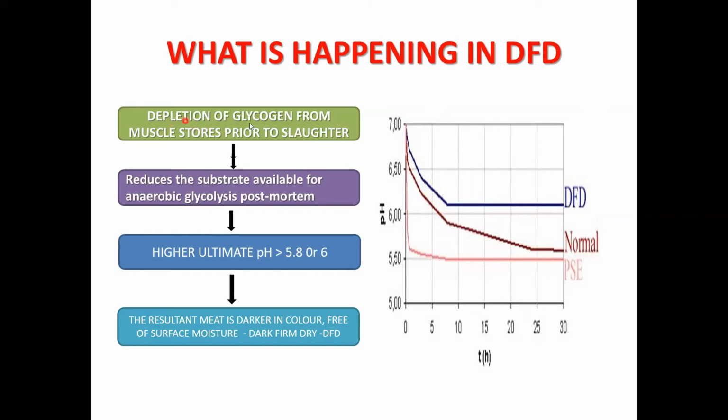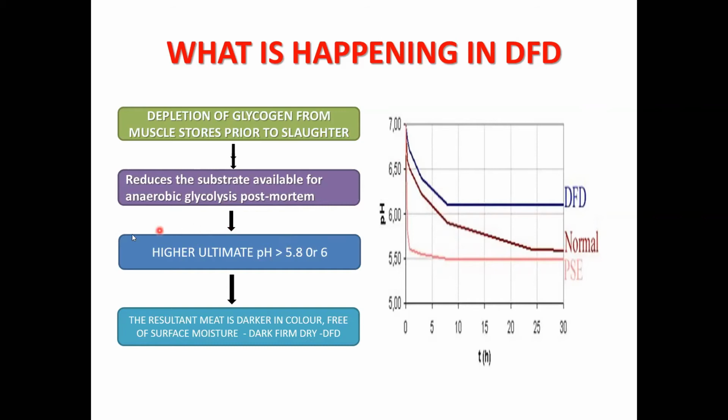Because of the long duration of stress, there is a depletion of glycogen from the muscle stores prior to slaughter. Since the glycogen store is less, the substrate available for anaerobic glycolysis during the postmortem is reduced. So during the anaerobic glycolysis, the lactic acid formation will be less.